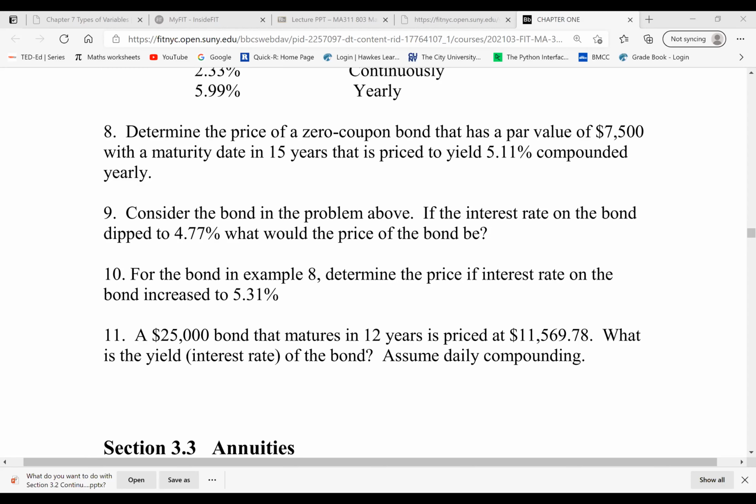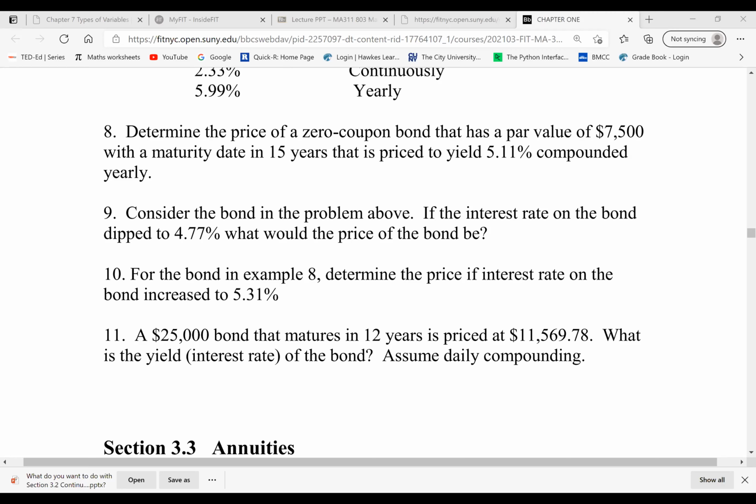And so A equals P times (1 plus r over n) to the nt. One more time, we throw in all the numbers: 7,500 equals principal times (1 plus the rate, 0.0511, over 1), and it's 1 times 15 as the power.